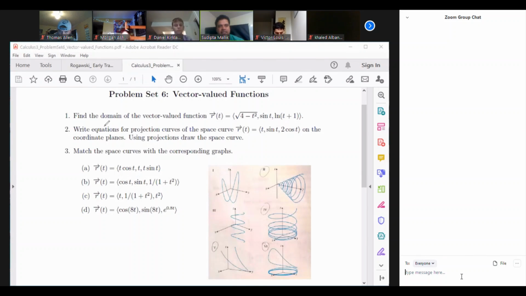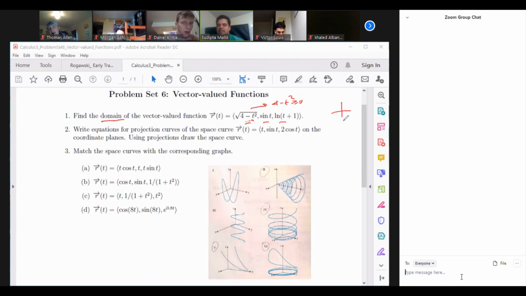First one is asking about domain. Again, domain means what? Find the values of t for which each of them is a real number. I already discussed when this is going to be a real number, right? This means 4 minus t squared has to be greater than or equal to 0. For sine t, t can be anything. What about for ln?